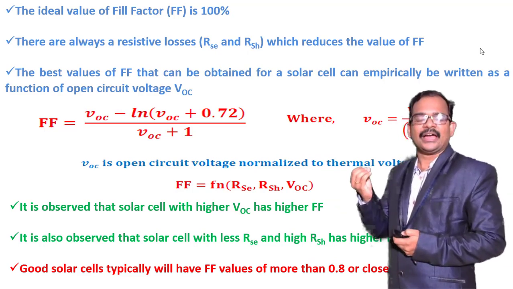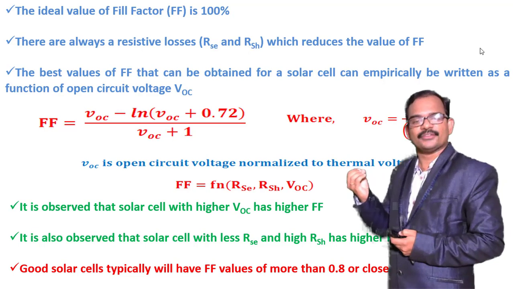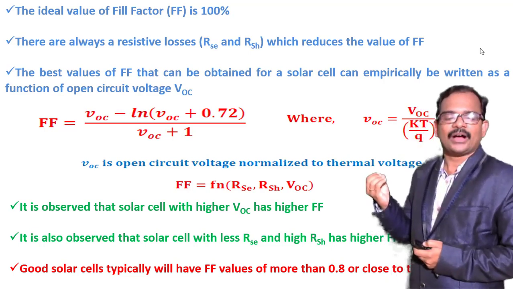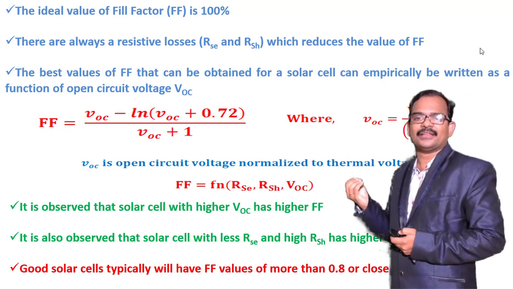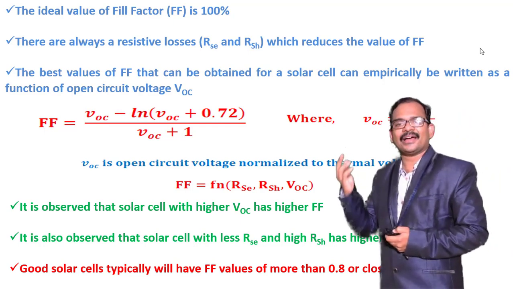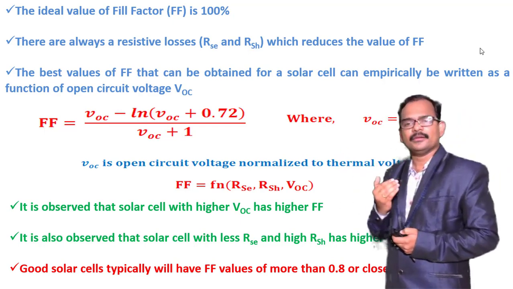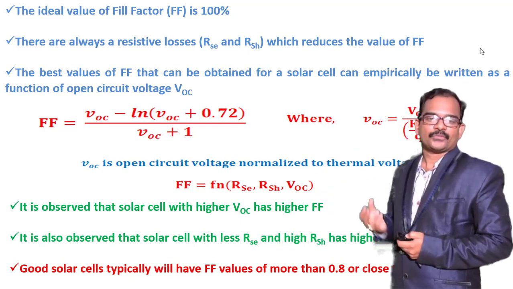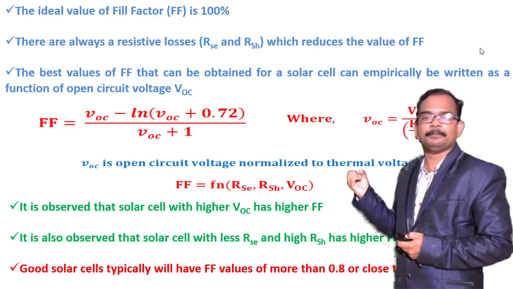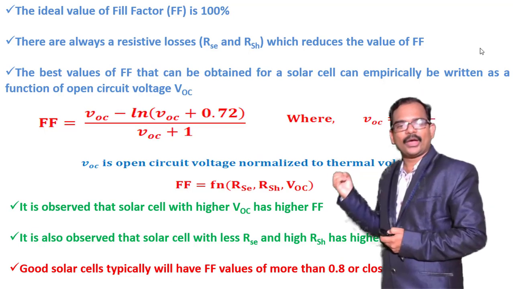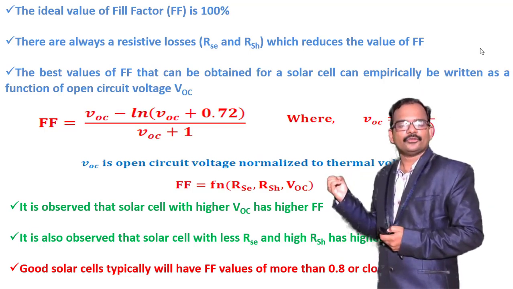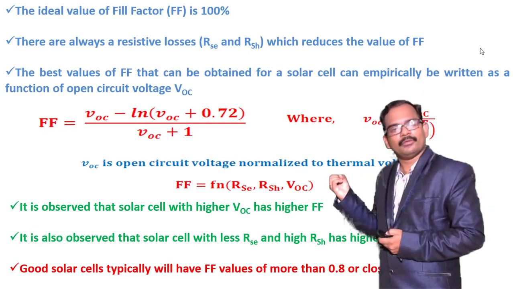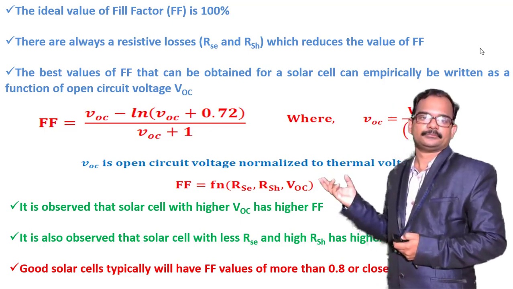The ideal value of RSH is infinity and the ideal value of RSC should be 0, and thereby the RSH value should be very high and RSC value should be very low in order for the fill factor to be very high. So, good solar cells typically will have fill factor values in the range of 0.8 or very close to it.